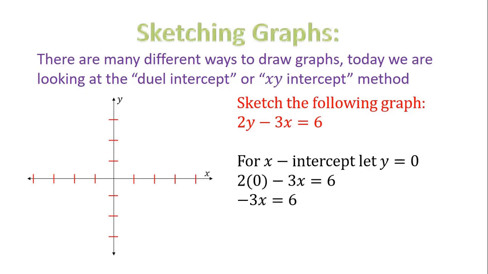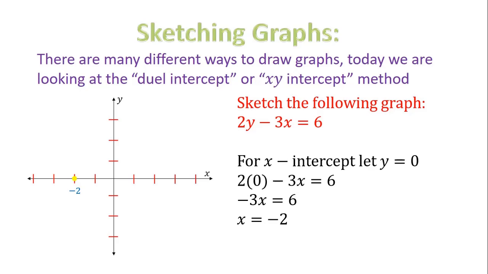Now I don't want minus 3x, I just want x, and so I divide both sides by minus 3. And that means I get x equal to minus 2. And then on my approximations, I plot my point. Last thing I do is I label it, and so at that yellow dot, x is minus 2.